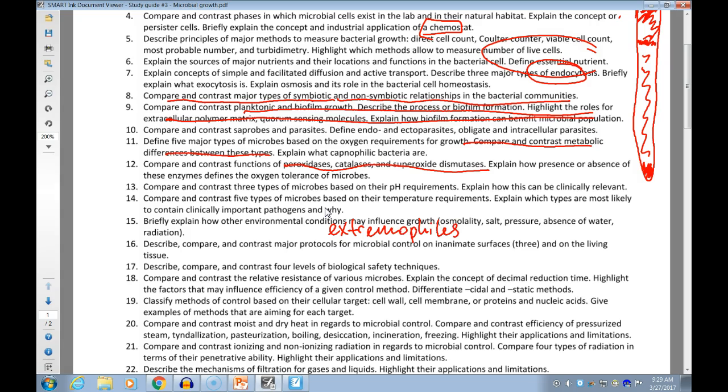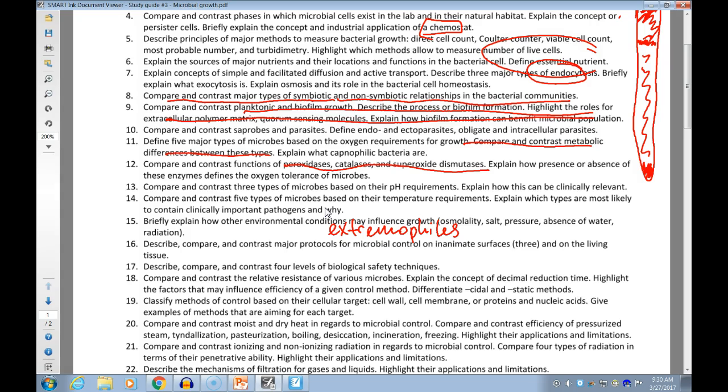Those are the ones that can tolerate a whole bunch of rough conditions. Make sense? What I want you to specifically focus on is to understand the difference. Osmophiles are the microbes that grow in concentrated solutions.